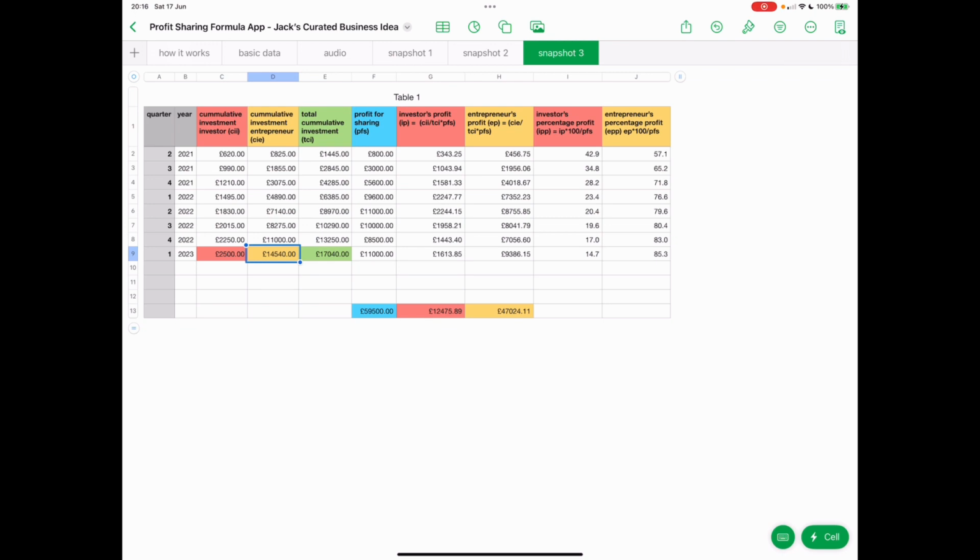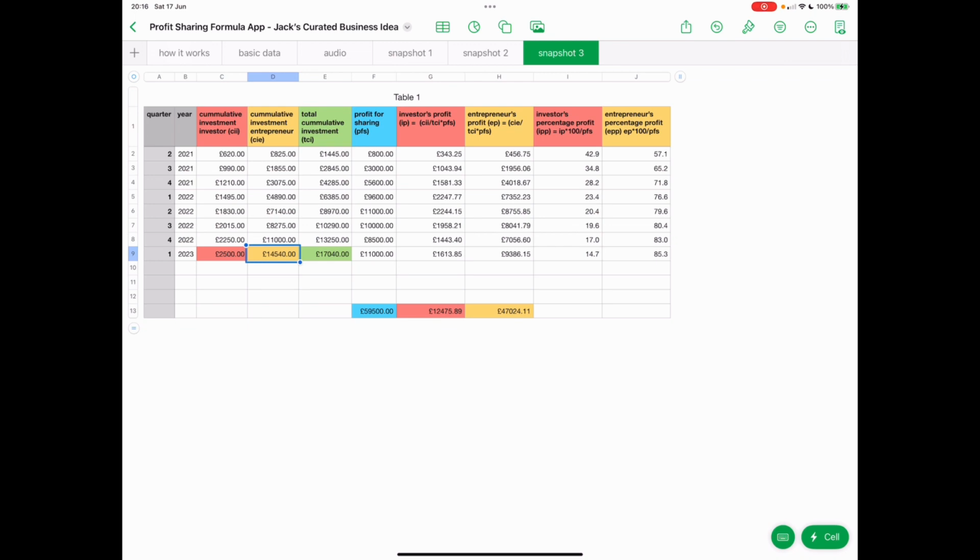And the total cumulative investment would have been £17,040. So that's just a real rough snapshot of how the profit sharing formula will work. It does all the computations.